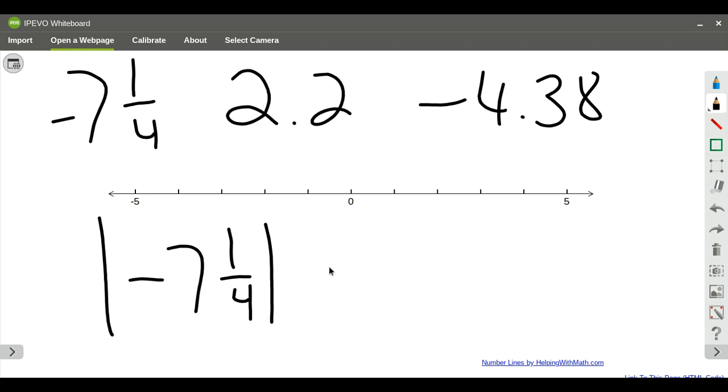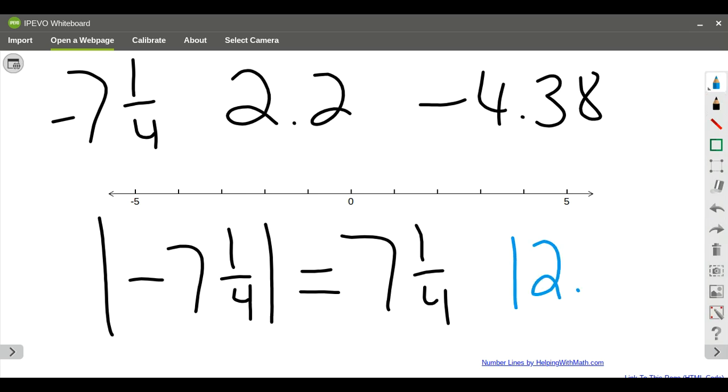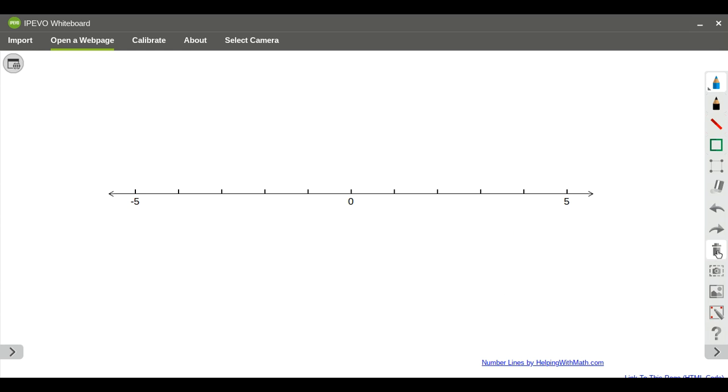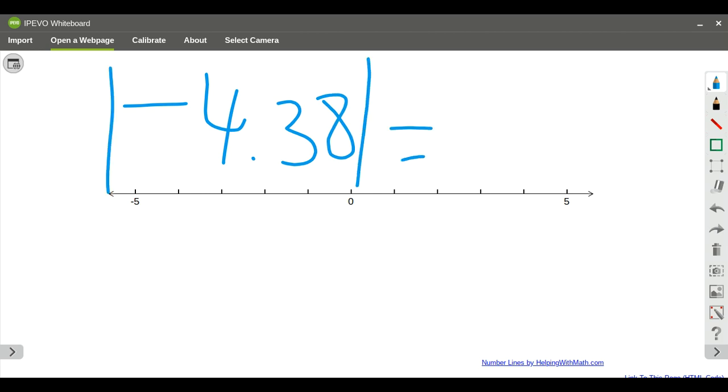So the absolute value of -7 1/4 is 7 1/4, because this value is 7 1/4 away from 0, and distance is always positive. If I have the absolute value of 2 2/10, again, looking for the distance away, distance is always positive, so I write it as 2 2/10. And my last one, the absolute value of -4 3/8, is 4 3/8, because that is how far that number is away from 0.